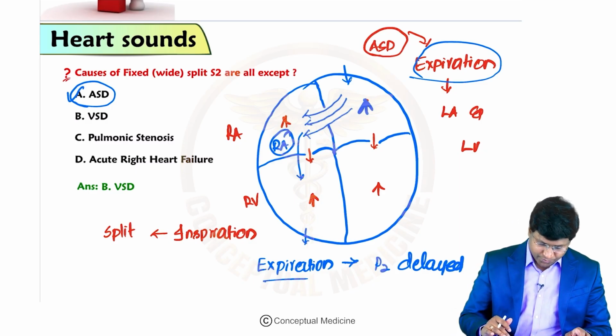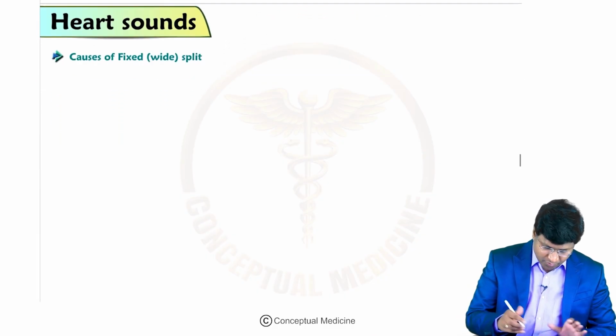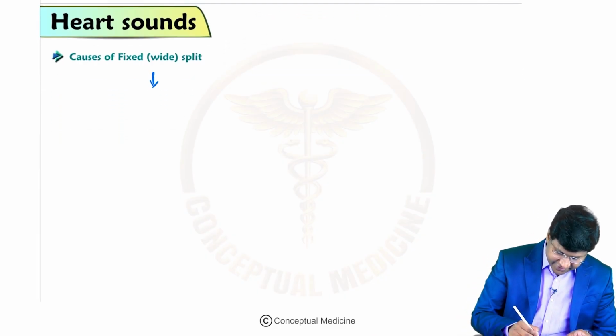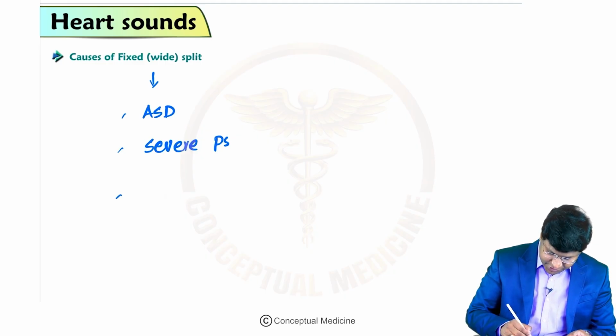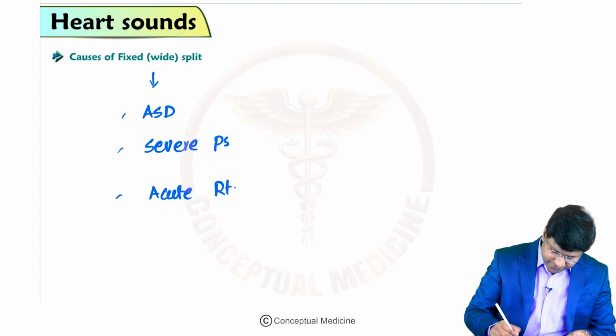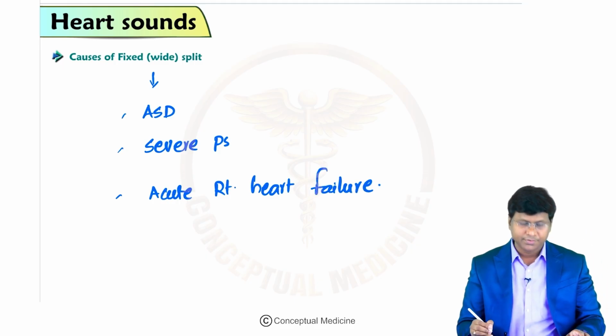Now, to summarize, what are the causes of wide fixed split? ASD, severe pulmonary stenosis, then in patients with acute right heart failure.